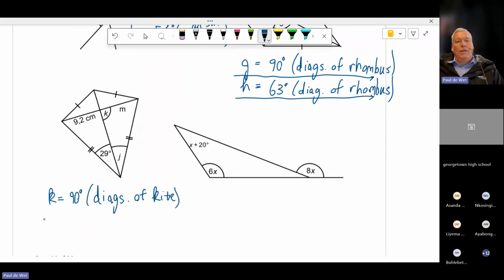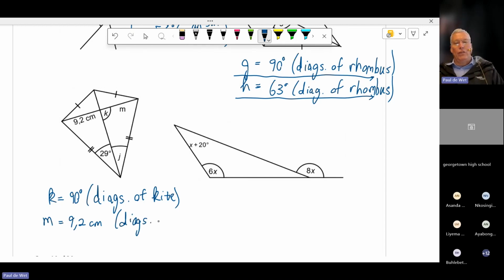What size is M? M must be 92. The reason for that is that the long diagonal bisects the short diagonal.